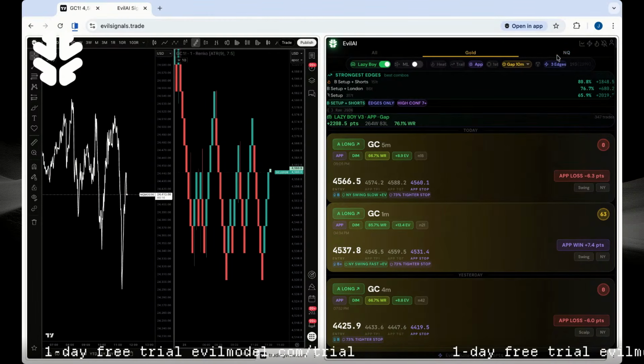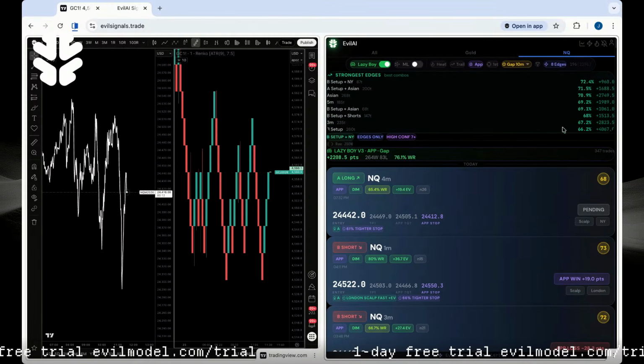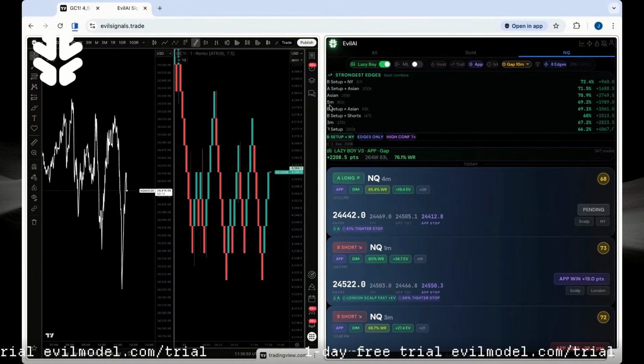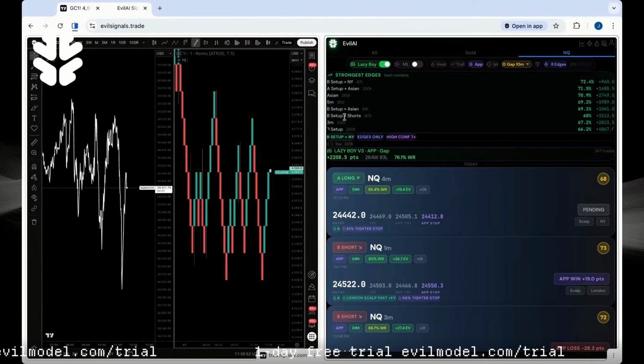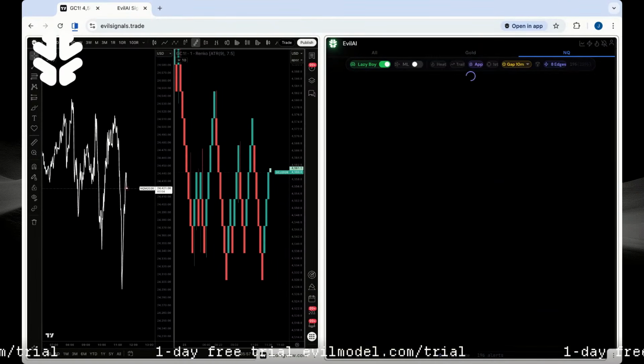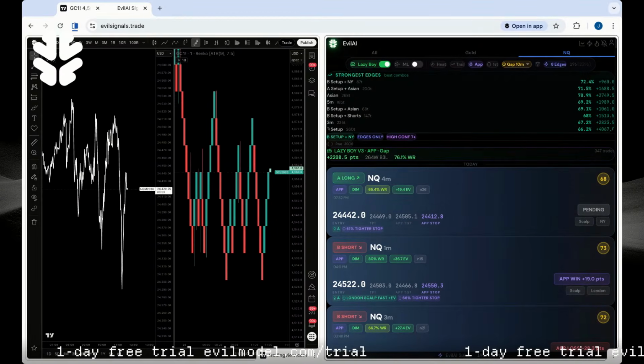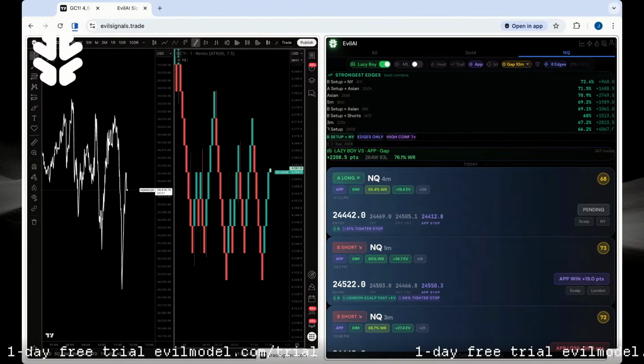And then NQ, these are the edges for NQ, right? That kind of thing. I've made it so everything is so visible, right? So people can pick and choose.